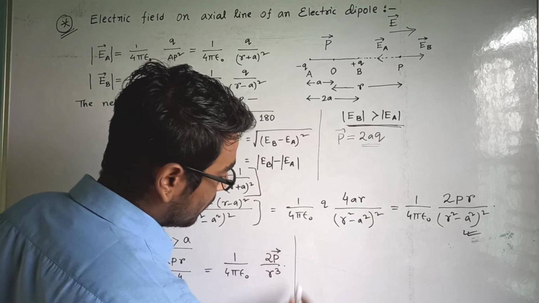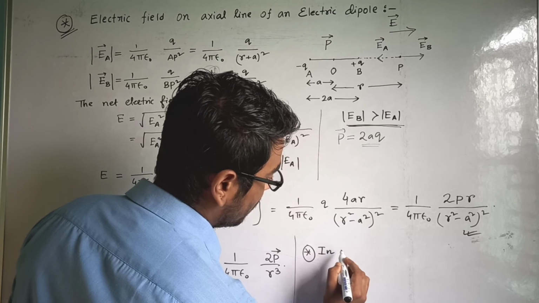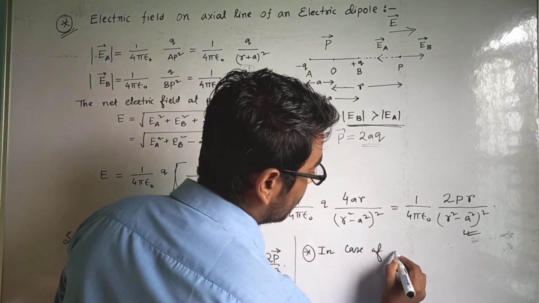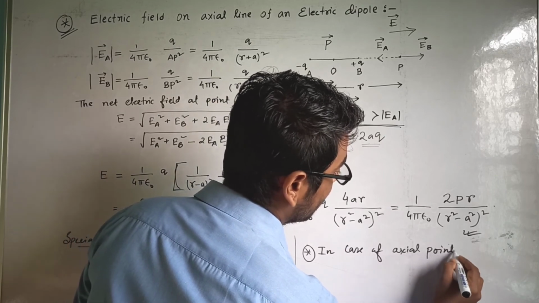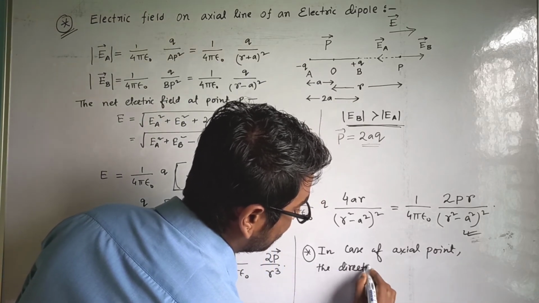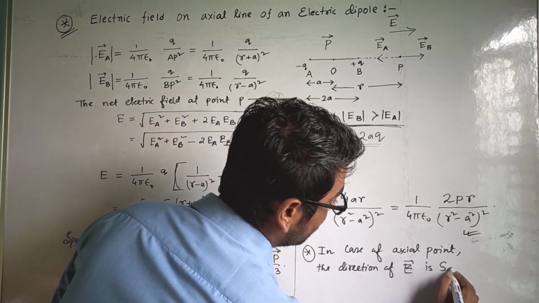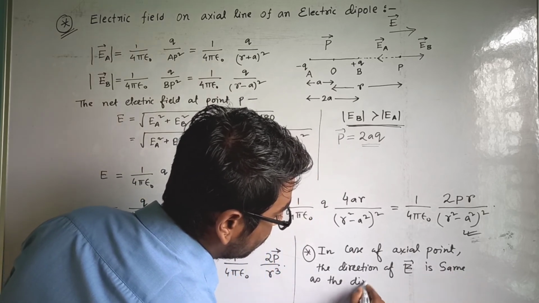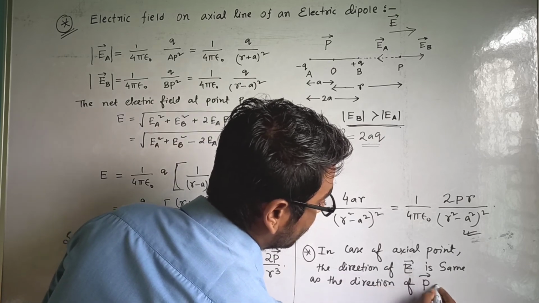So what we can write here, in case of an axial point, the direction of electric field is the same as the direction of dipole moment.